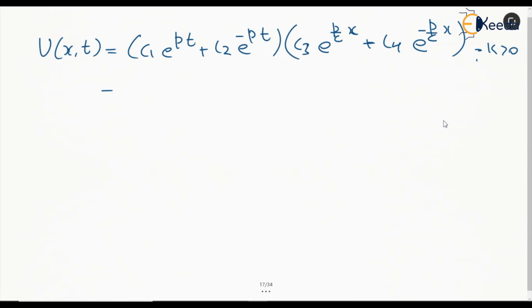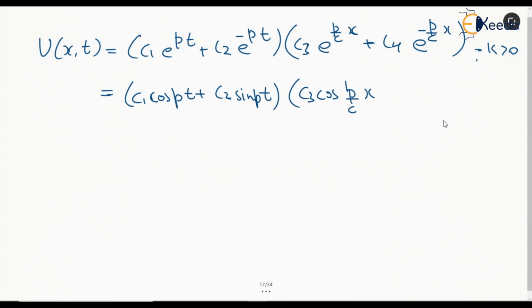This is going to be (c1 cos pt plus c2 sin pt) into (c3 cos p by c x plus c4 sin p by c x).